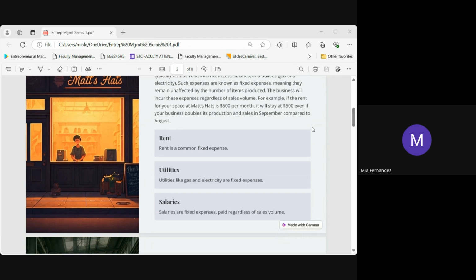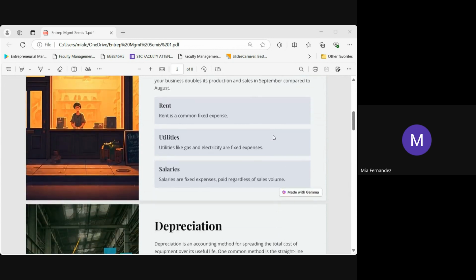Those are utilities expense. And salaries, of course. Kunwari, meron kang cafeteria or coffee shop, kahit kukonti yung bumili, may mga tauhan kang kailangan pasahuran. So, part iyon ng iyong fixed expense.